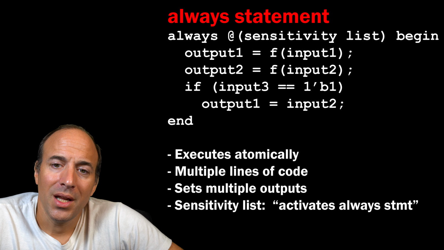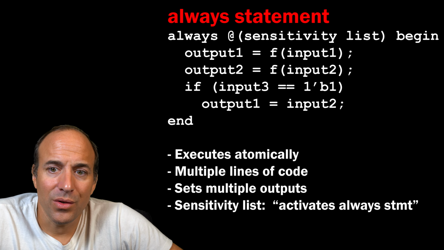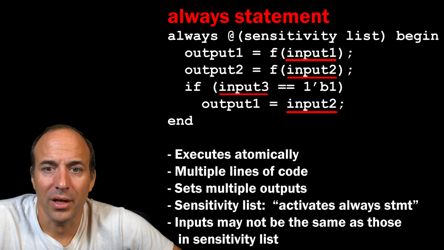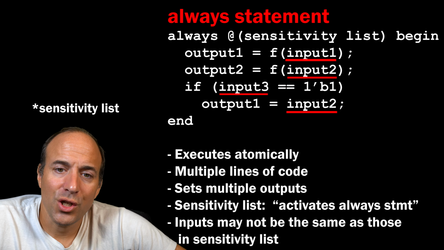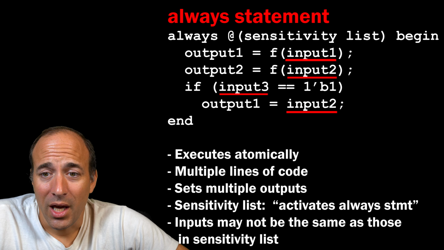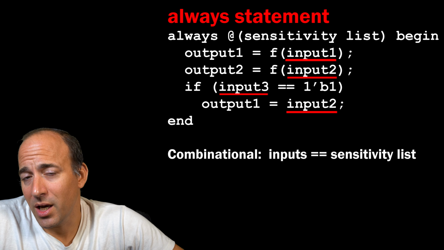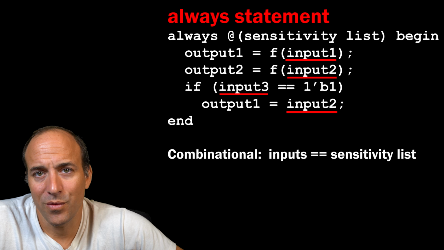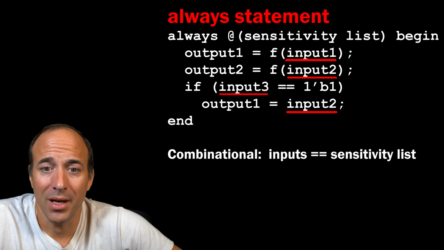In an always statement, the inputs are any signals listed on the right-hand side of an assignment or that appear in a conditional expression. The activation list can be the same set of signals, in which case the always block is modeling combinational logic. So it basically then becomes a complex form of a continuous assignment statement.